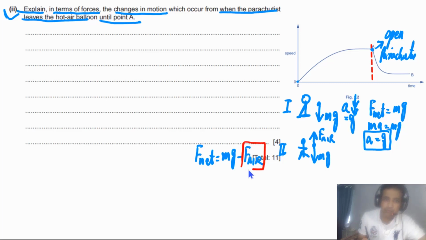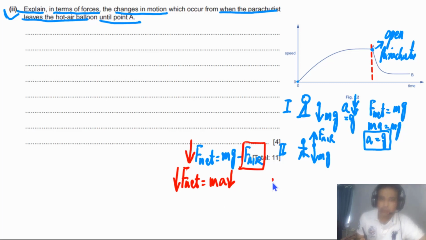So due to this term F net is lower. If F net is lower, how about the acceleration? F net is equal to ma. So if F net goes down, mass will not change, so a also will go down.